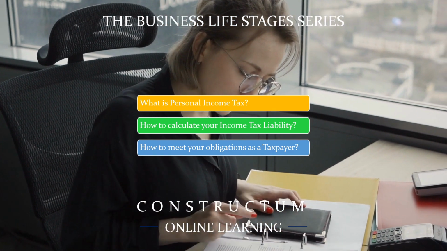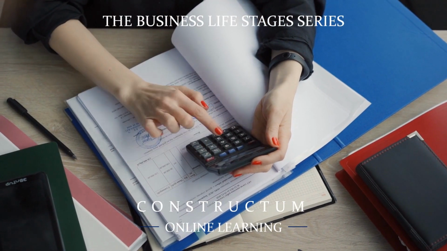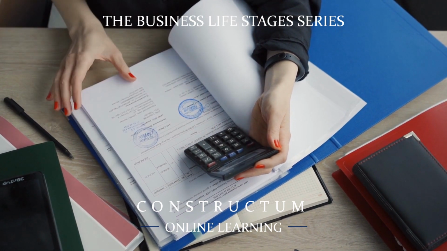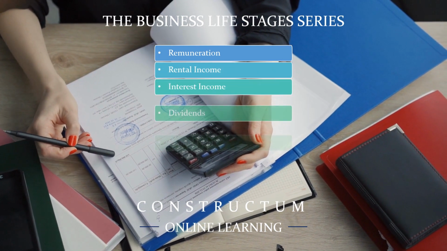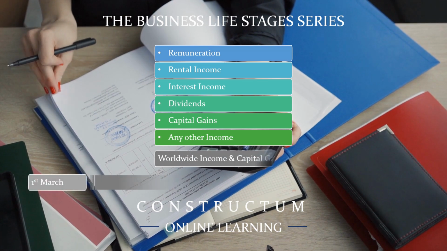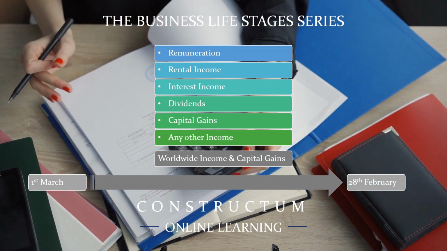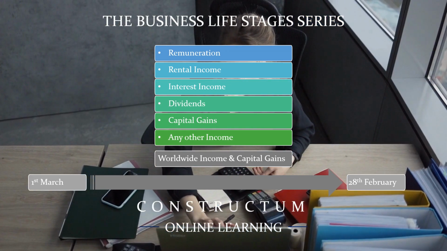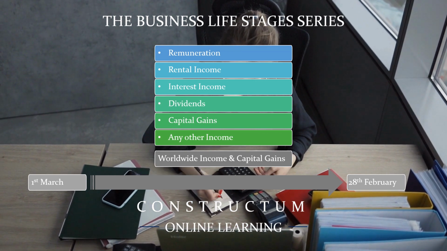Personal income tax is levied on any income an individual receives and may include the following: remuneration. That could be a salary, commissions, incentives, and for most business people, it would be something like director's remuneration. Rental income from any asset, like for instance an investment property that you rent out: the net rental income is income and is liable for personal income tax.